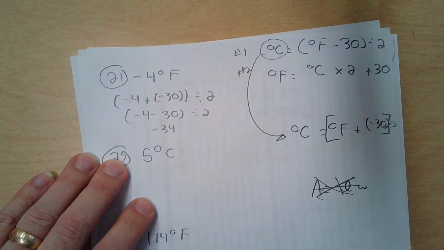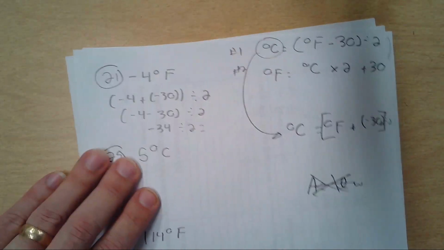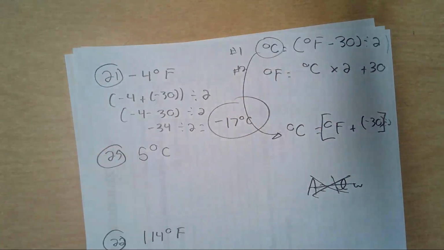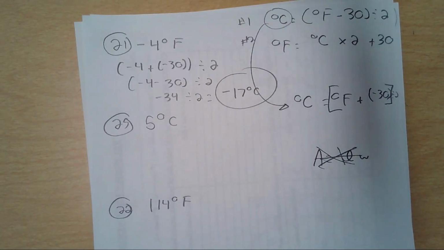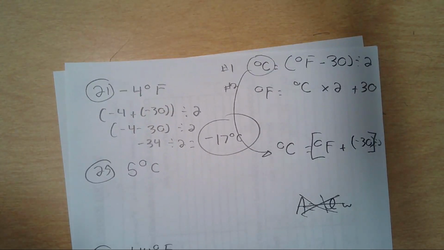Divided by 2? Uh-huh. And final answer? -17. Right. Oh, I got -2. That's it. -17. You got it, Sig. Good. All right, 25. Damien, number one or number two? Which one did I do?